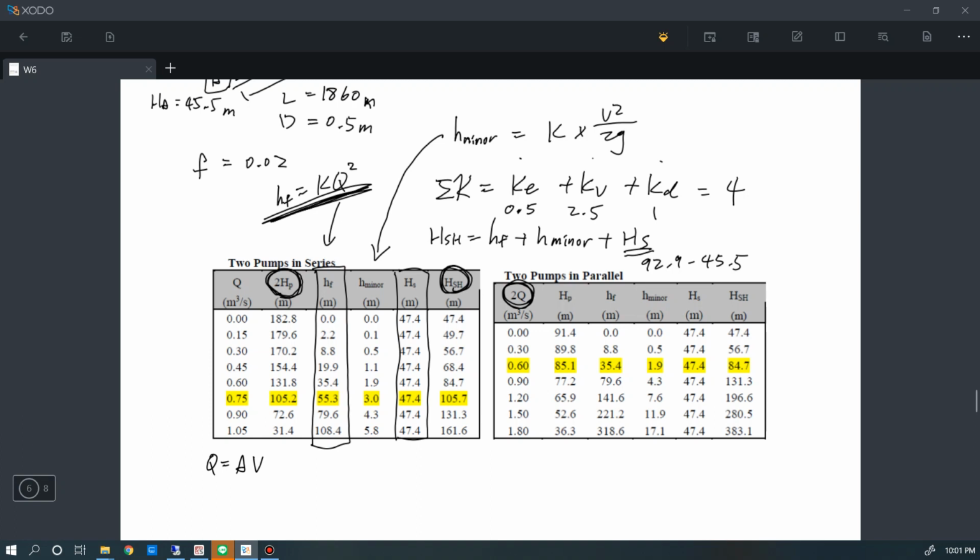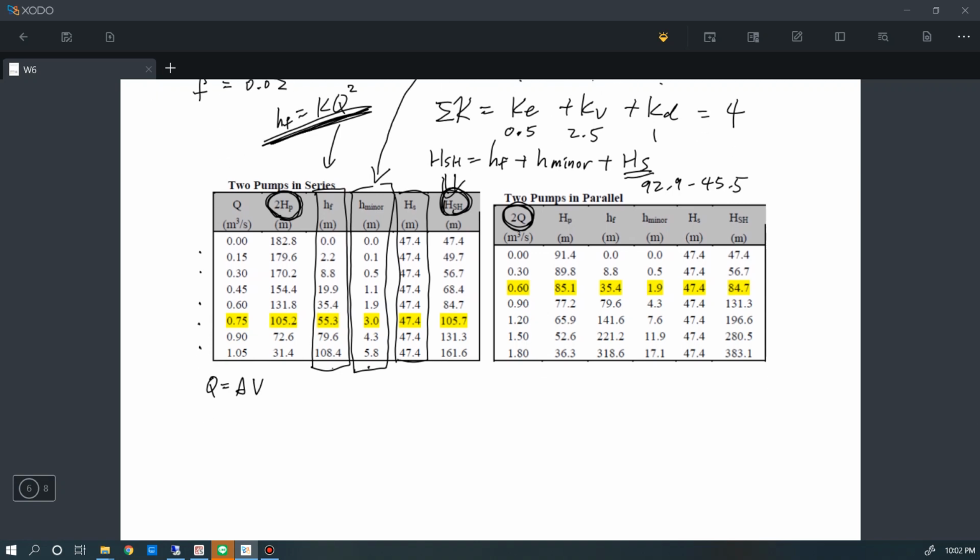So you can calculate the velocity for every flow rate, then use that velocity with this minor head loss equation that I show here to calculate this column for the minor head loss. And after you have these three columns, then you can calculate this HS, the last column here.